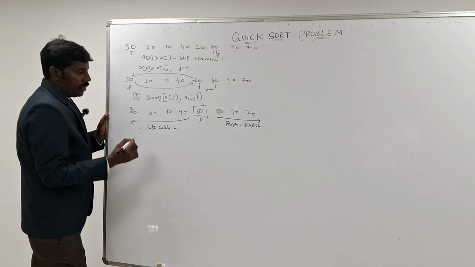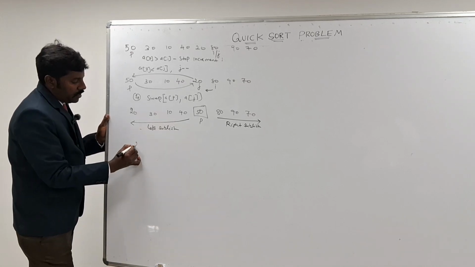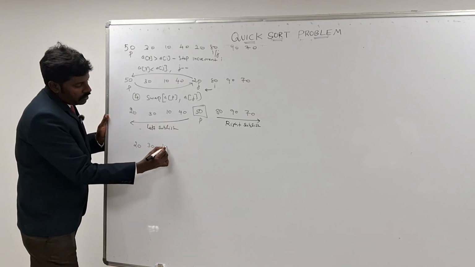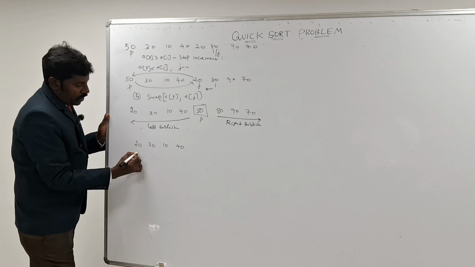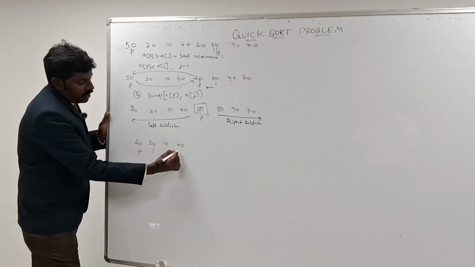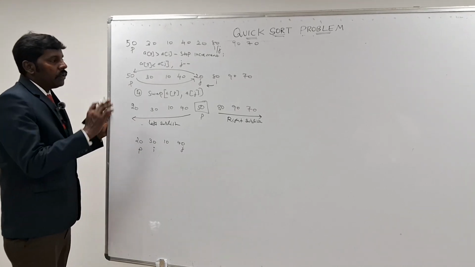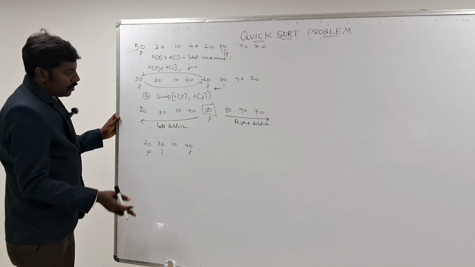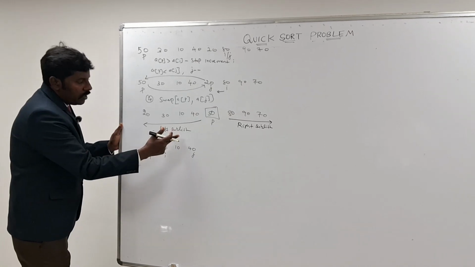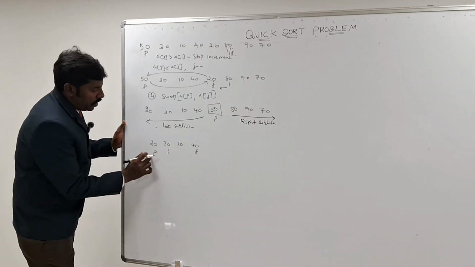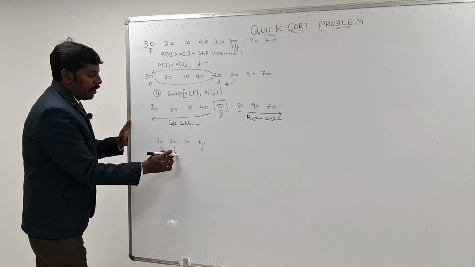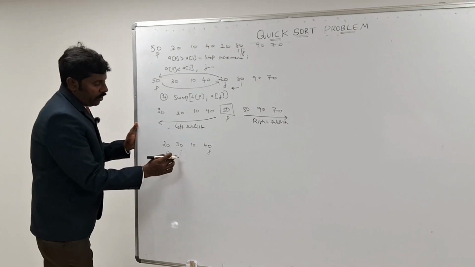Again you take the left sublist, so it is assigned the pivot, it is I, it is J. Again do the same procedure to solve the left sublist array. So check the I value, so P, then I is greater, so I no increment.